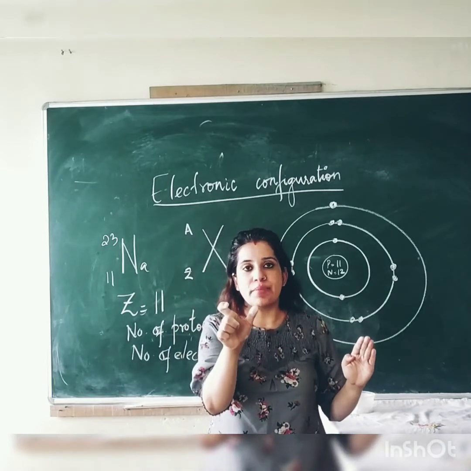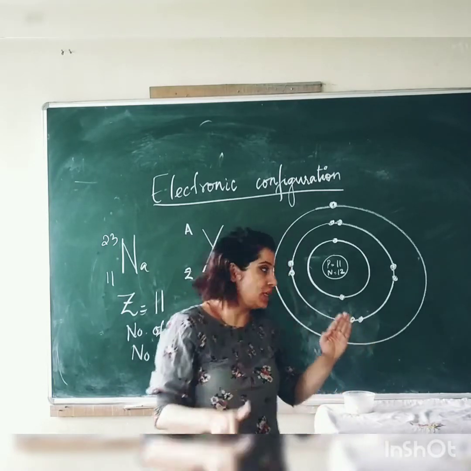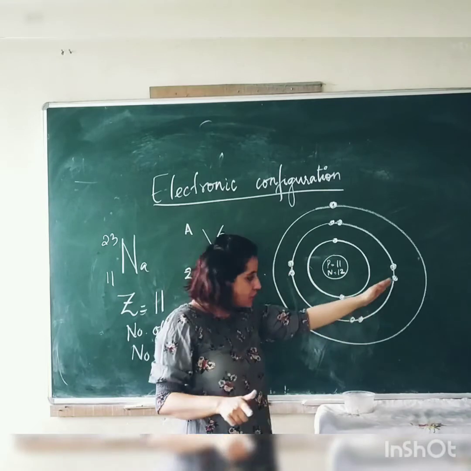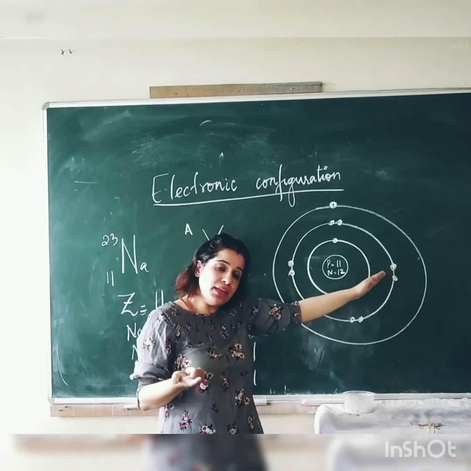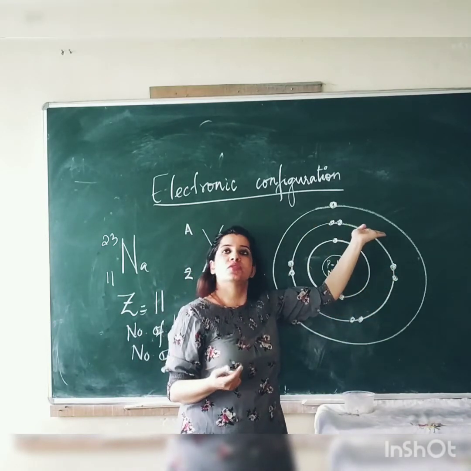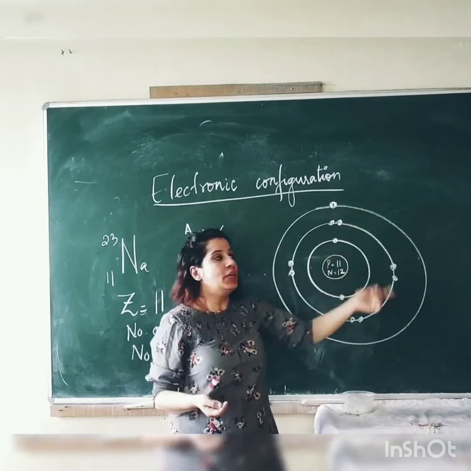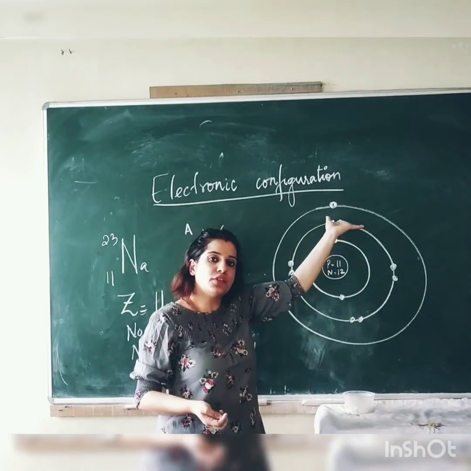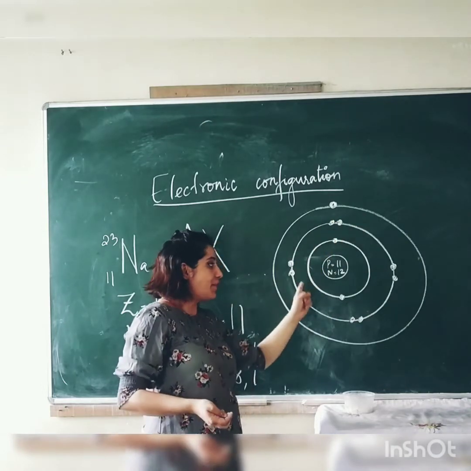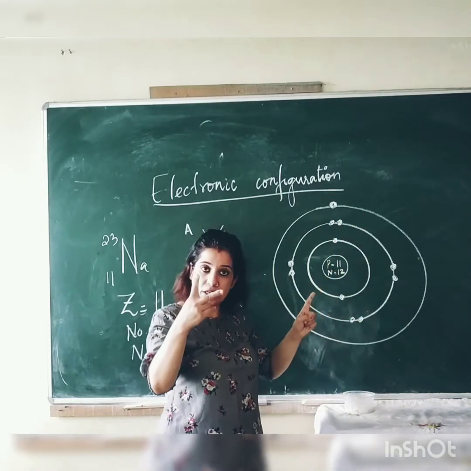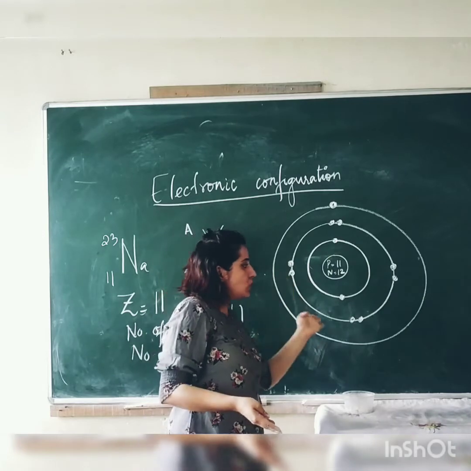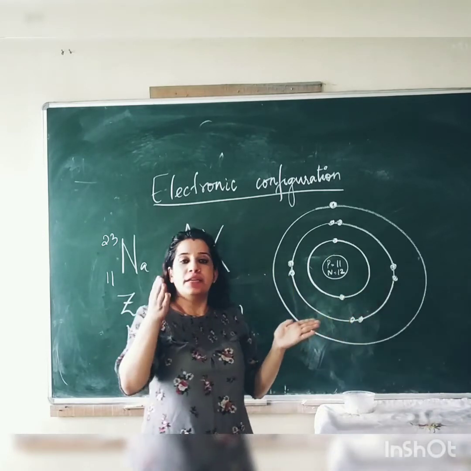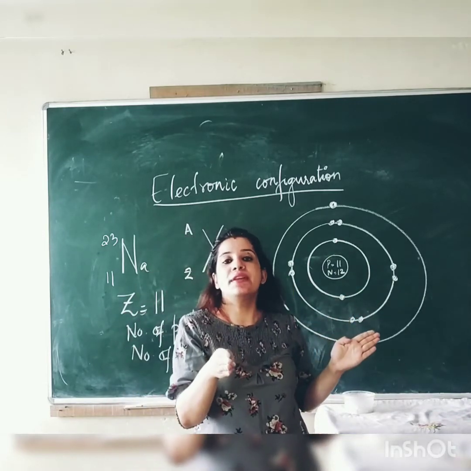How many electrons maximum in the second? 8. So first you fill in 8 electrons. If there are any remaining electrons, then you move to the third orbit. You can't put 1 here, 6 here and jump off to the third orbit. So first fill the first orbit with 2 electrons, then go to the second orbit. It can hold a maximum of 8 electrons.